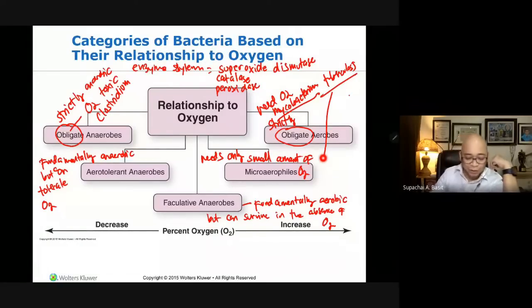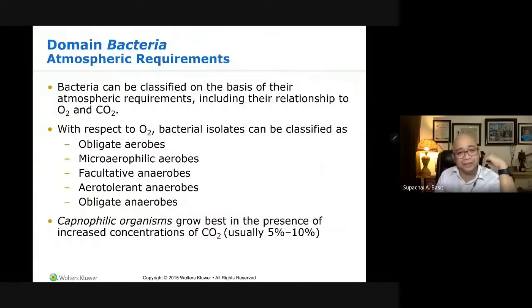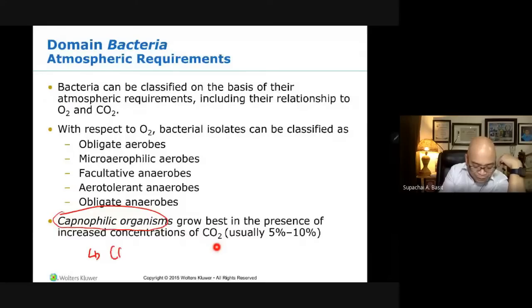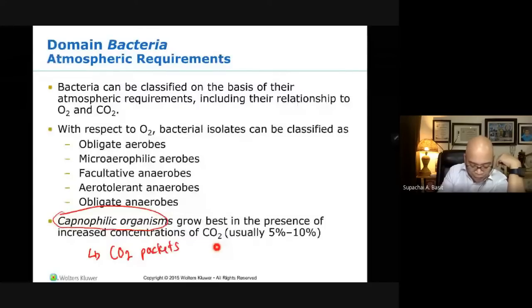Now, with respect to carbon dioxide requirement, we classify organisms as capnophilic. Capnophilic organisms grow best in the presence of increased concentrations of carbon dioxide, usually between 5 to 10%. So usually we culture the bacteria with CO2 packets or a candle jar.